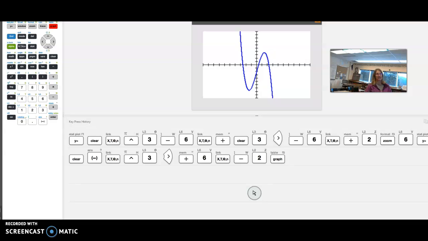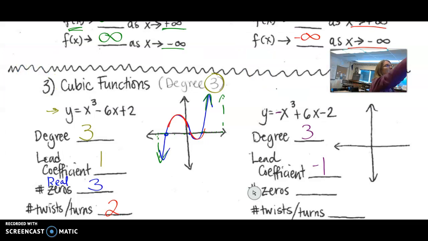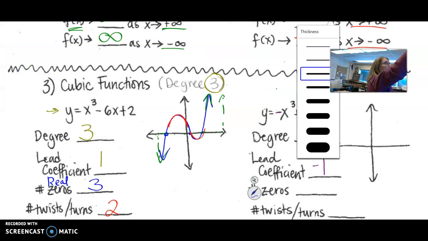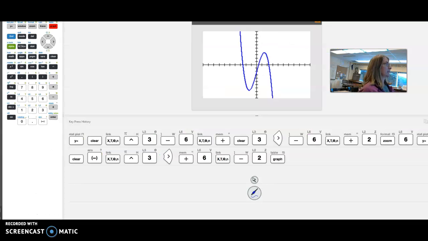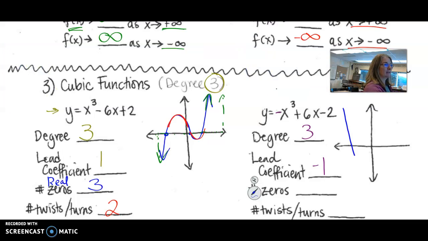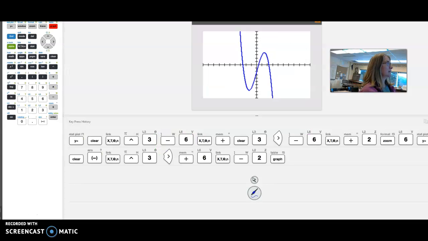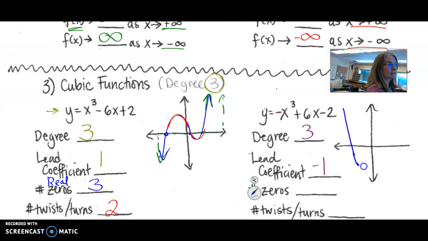You can see that it looks very similar to the other one, but the ends are going the other direction. So we have a graph that looks something like this. Let me look at it again. Okay, let's see if I can get it kind of accurate. It crosses the y-axis down here and goes like this.